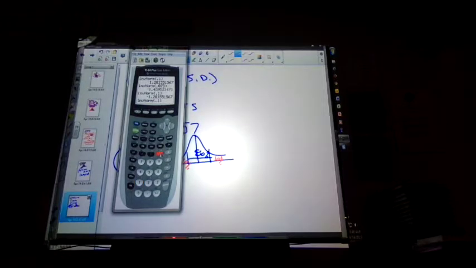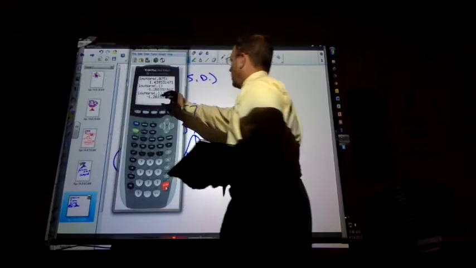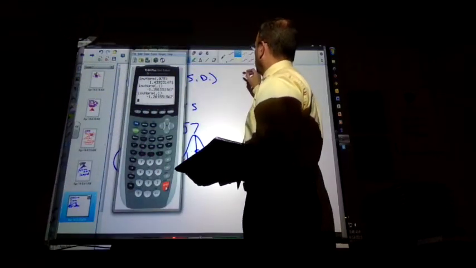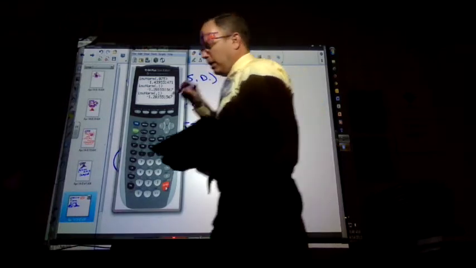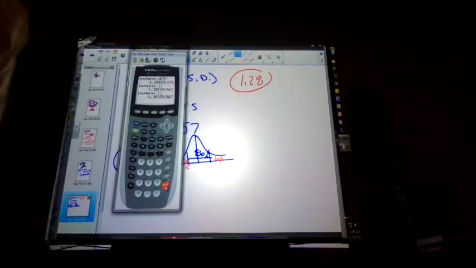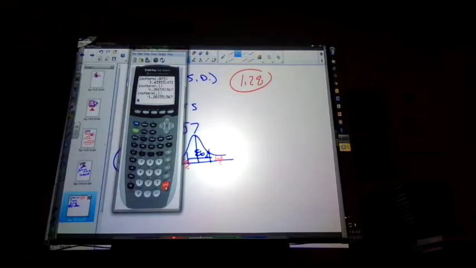So if I just do the inverse norm of this, it's going to give me negative 1.28, and we're going to keep that positive. So I'm going to go with 1.28. I'm going to keep it positive. Okay, I'm not worried about a negative area, and that is my standard deviation that I'm going to deal with.